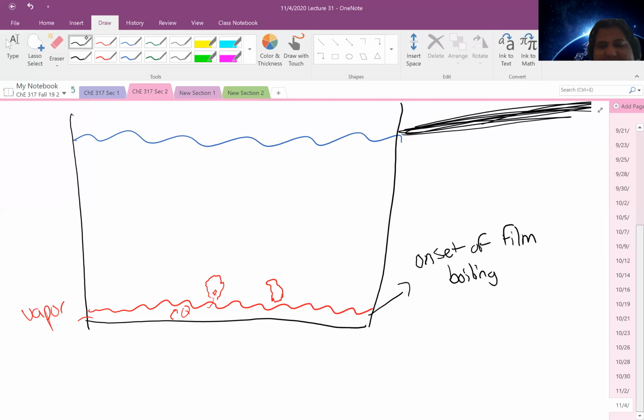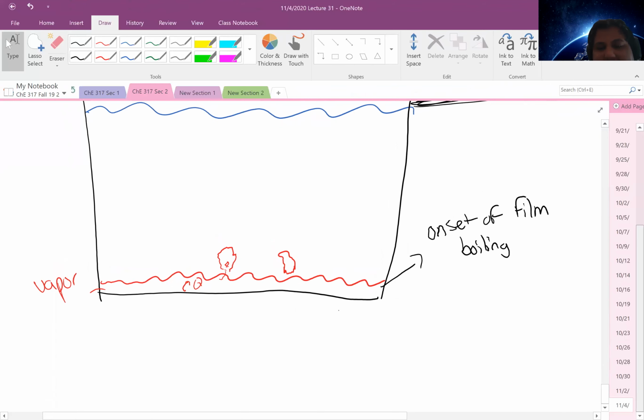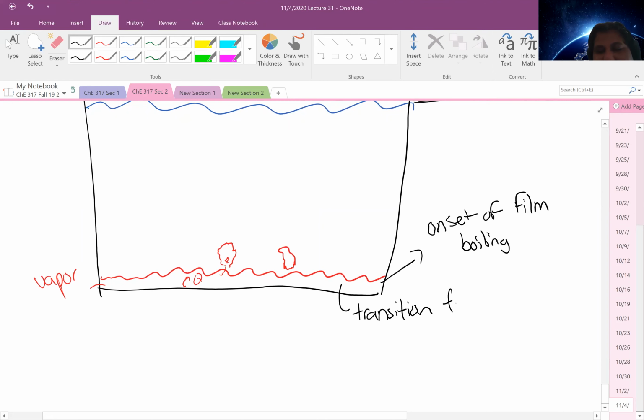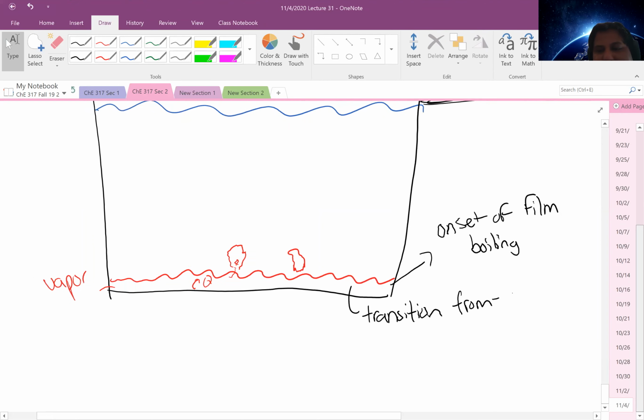So we have a transition here in heat transfer from a situation of Q = mλ to Q = mCpΔT, right?